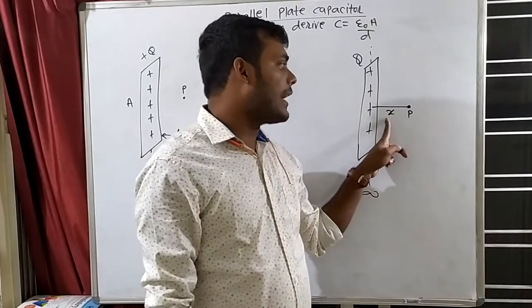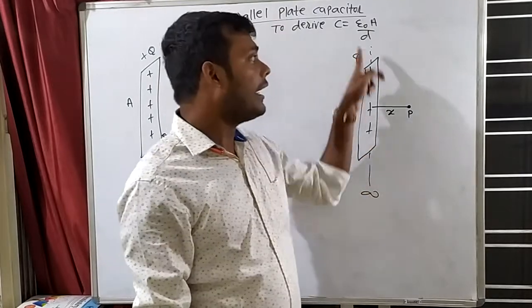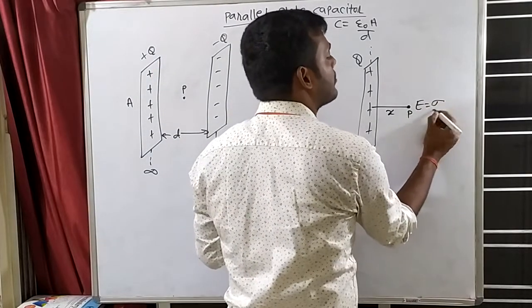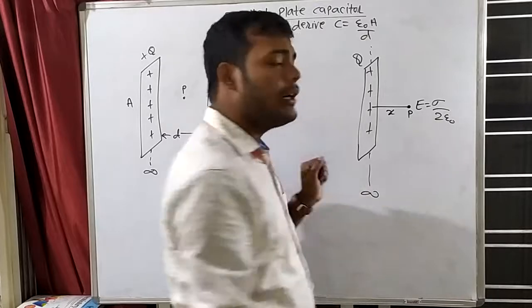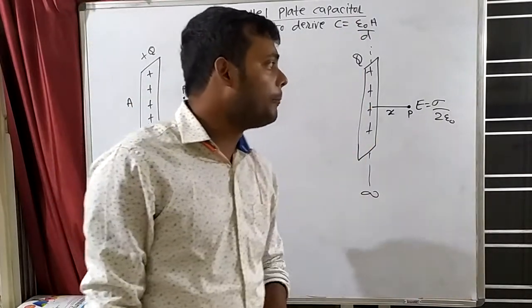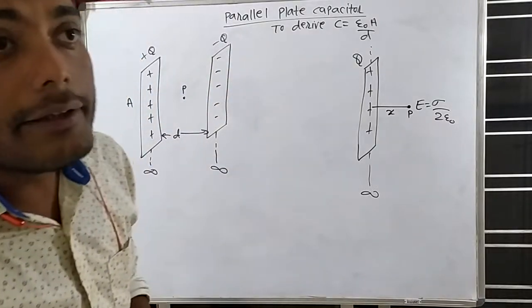Can you remember this? This electric field was sigma by 2 epsilon naught. You can see my previous lecture of electric charge and field: due to an infinite plane sheet, at any point P, the electric field will be sigma by 2 epsilon naught.